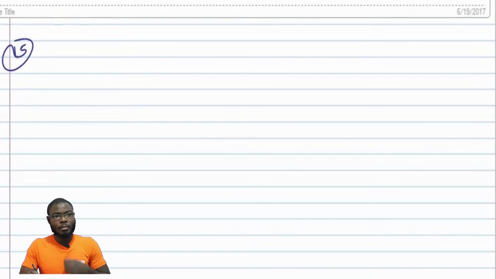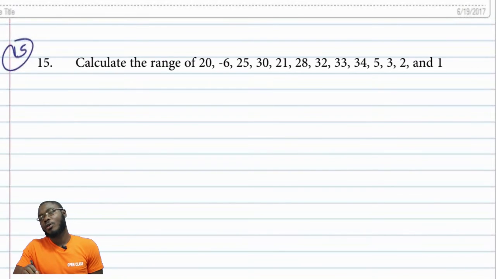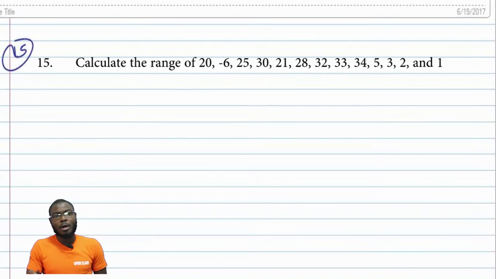Number 15. Calculate the range. We are given a set of values. Calculate the range of 20, 16, minus 6, 25, and all of that, which you can see on the screen. In calculating range, you have your highest minus the lowest.